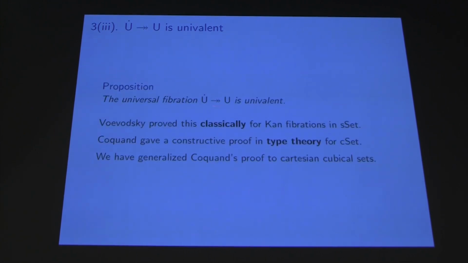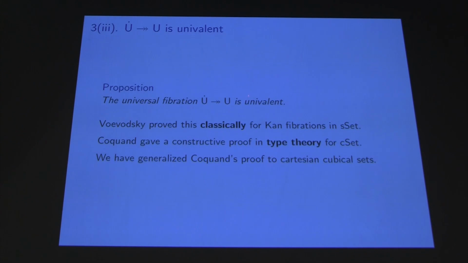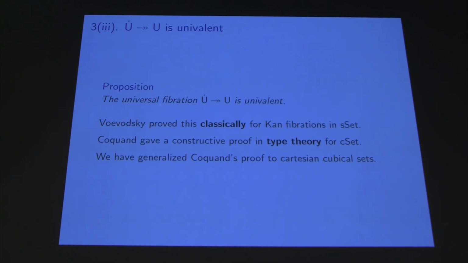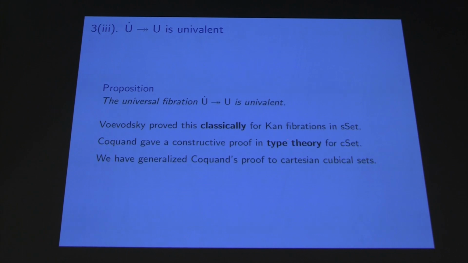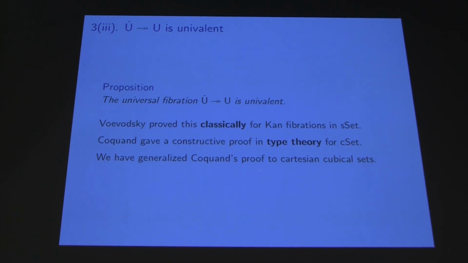And now, if I have such a univalent universal fibration, so there's the plan there. Awodey proved it, I said, for simplicial sets. Coquand has a type theoretic proof in certain simplicial sets, and the proof in the paper that I'm telling you about is a generalization of that.